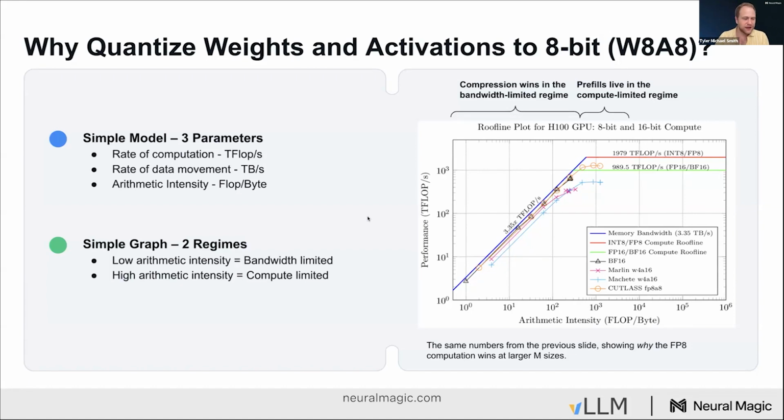It's basically a limit where your algorithm is not efficient enough, because the ratio between compute and data movement isn't high enough.